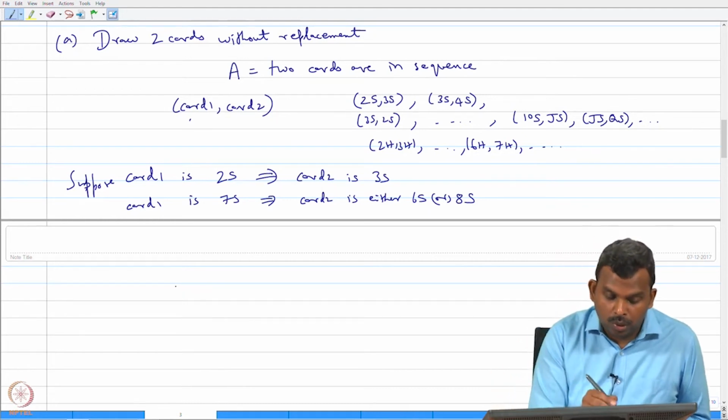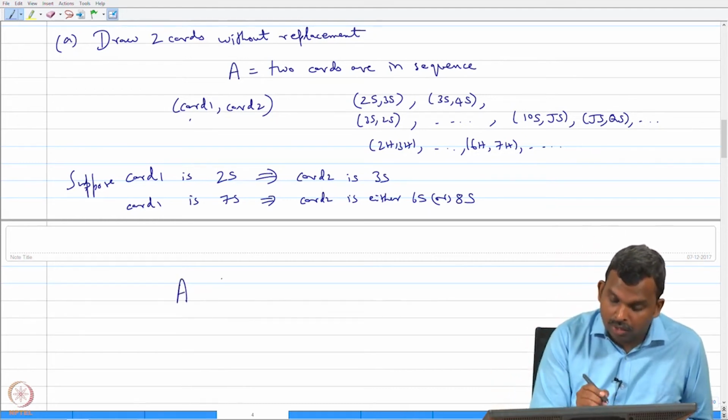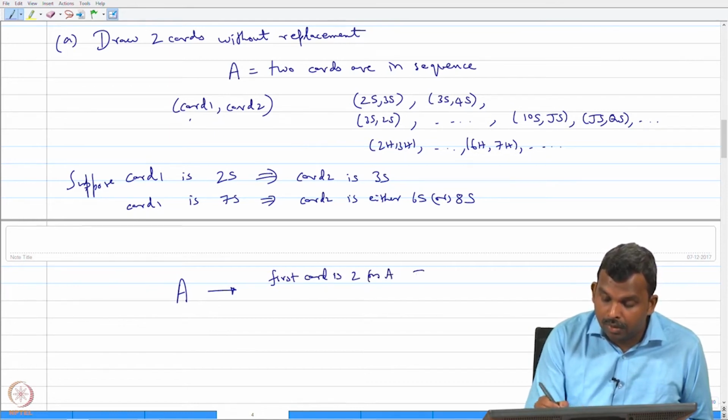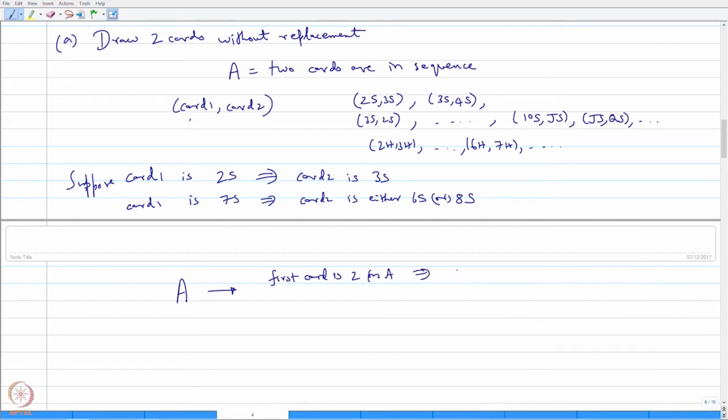So, you can define this event A, which is 2 cards are in a sequence. You can consider the case where the first card is 2 or ace, which will imply the second card has only one possibility.